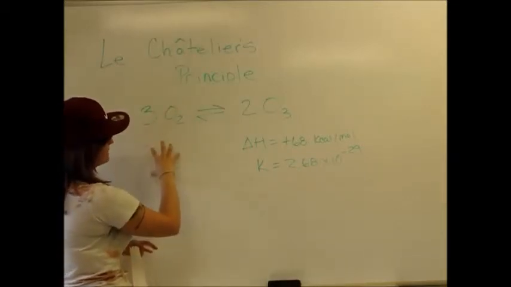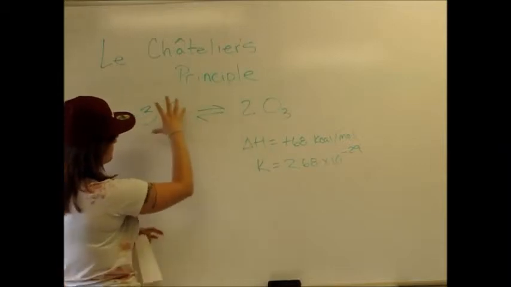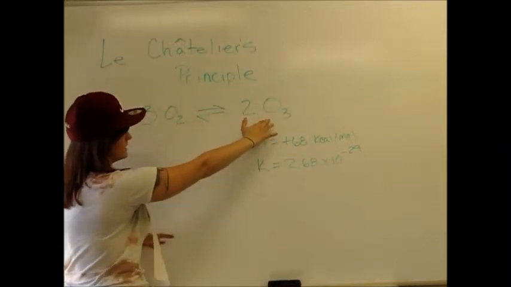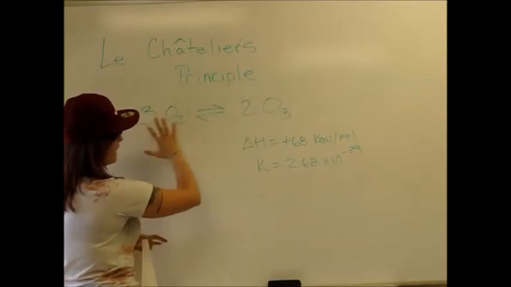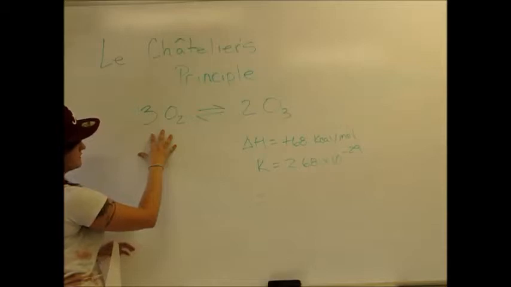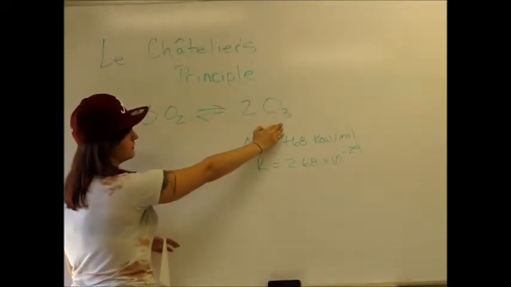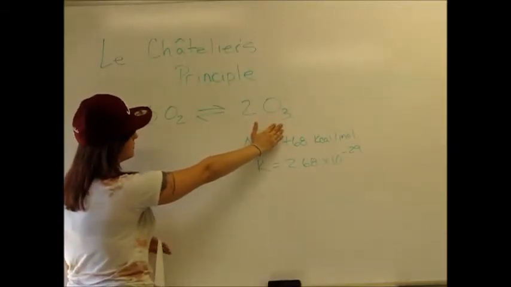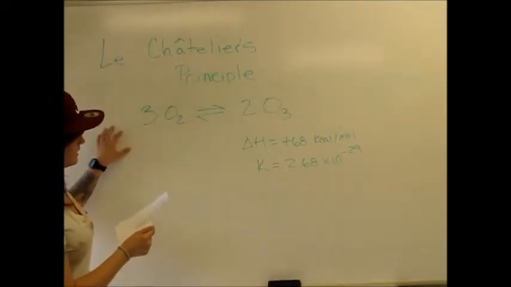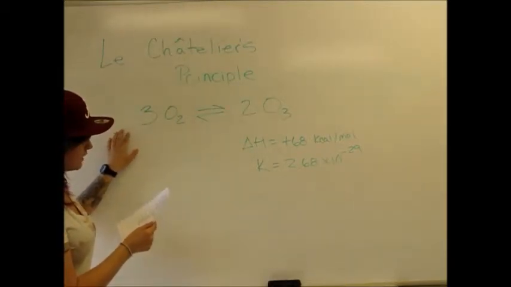So we want to send some of this pressure to the other side to equal out. It'll go back and forth until it gets to equilibrium again. So it's going to favor the product side, or in this case, the ozone side. So that's the answer to question C1.